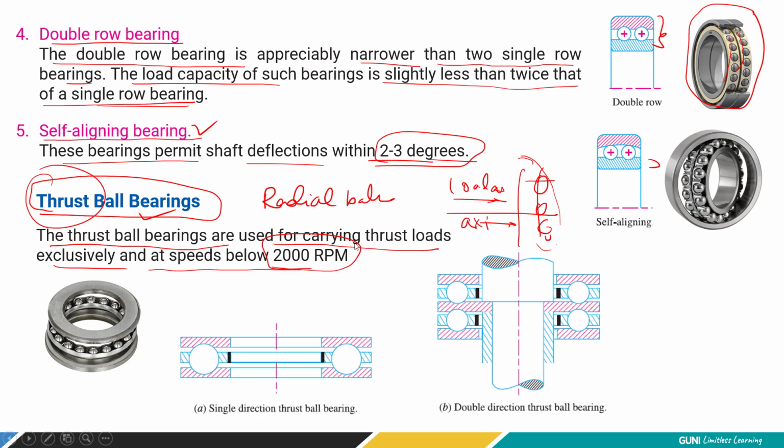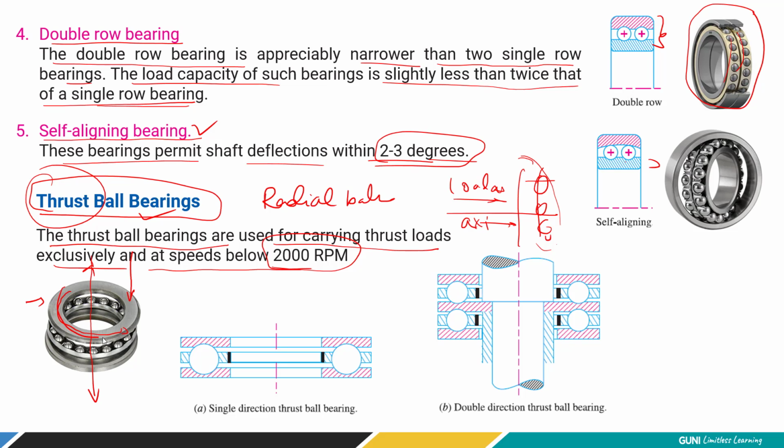Now thrust load is simply when the load is acting parallel to the rotation axis of the shaft, or perpendicular to the plane of rotation of the bearing. In that case it is referred to as a thrust bearing, right? Now what is the construction? Just look at the real figure. This bearing rotates like this, but it takes the load perpendicular to the surface, parallel to the axis.